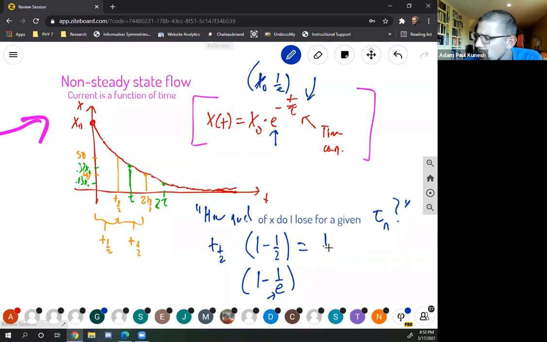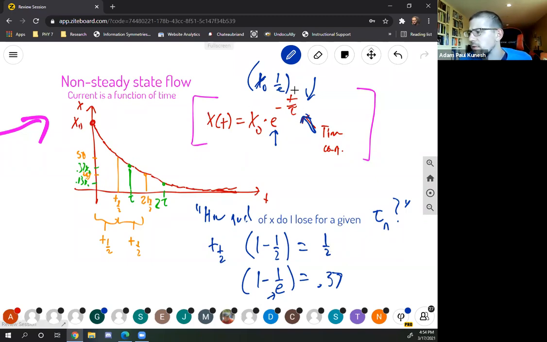I don't want to belabor this too much because it's not really a huge deal, but basically the time constant turns out to be 63% because at this point in time when t equals tau, we've gone 63% of the way to our goal, leaving 37%. This is around 0.37. So that's where those numbers come from in a hand wavy way.